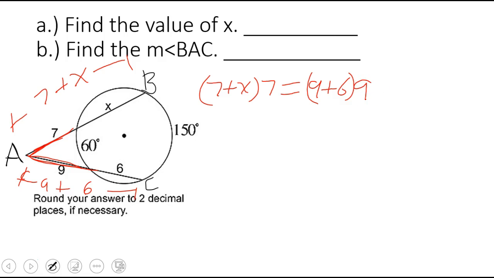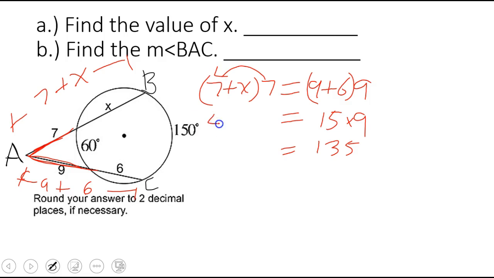And then we simplify. 9 plus 6 is 15, and 15 times 9 is 135. And here we're going to distribute because they are not like terms.